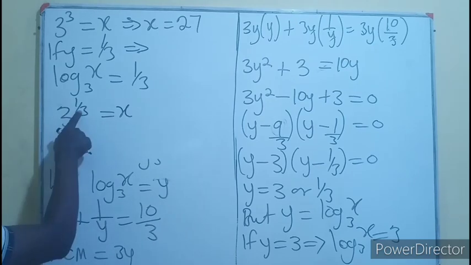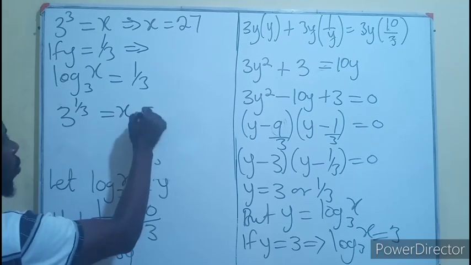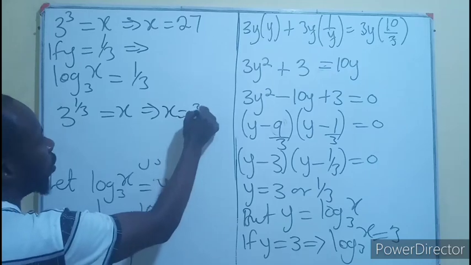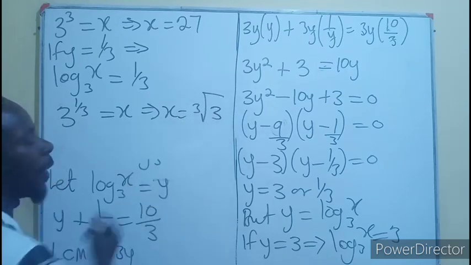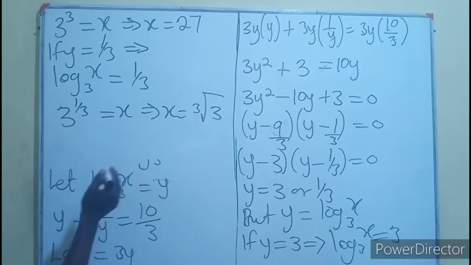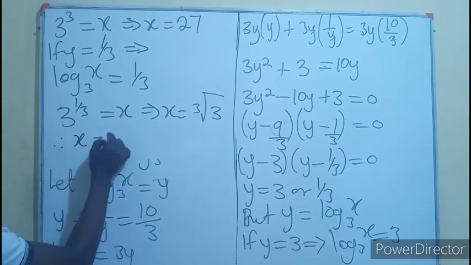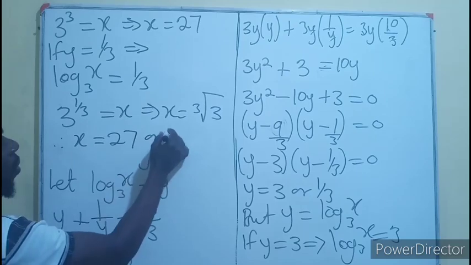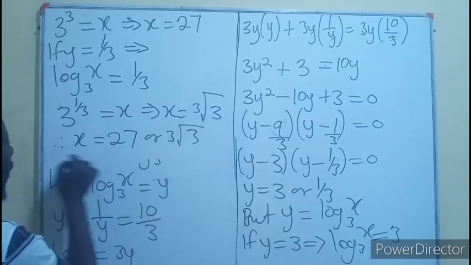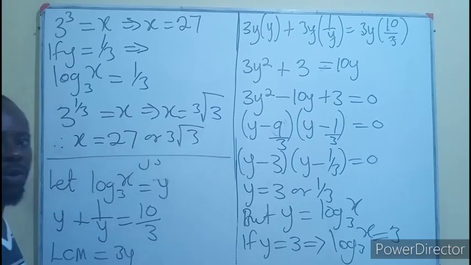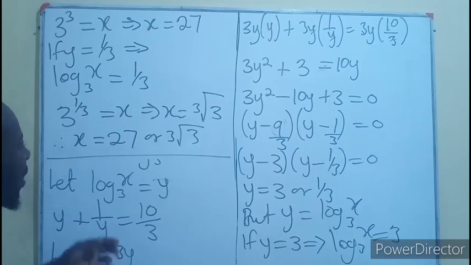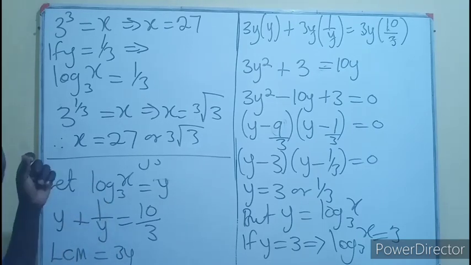We know this is also a cube root, so x equals the cube root of 3. Therefore, x will either be 27 or the cube root of 3. Those are the values of x that satisfy that logarithm equation.